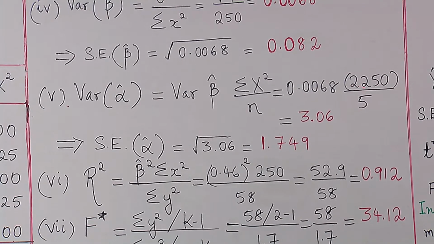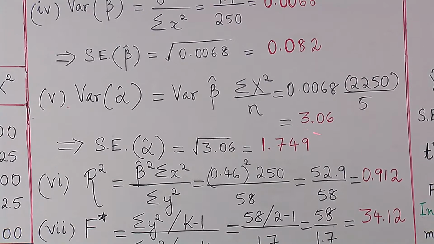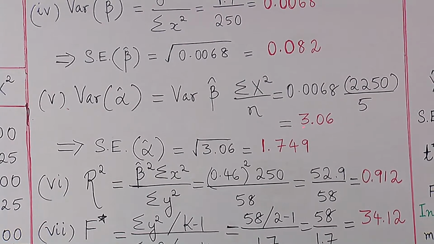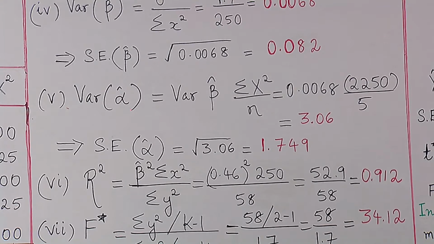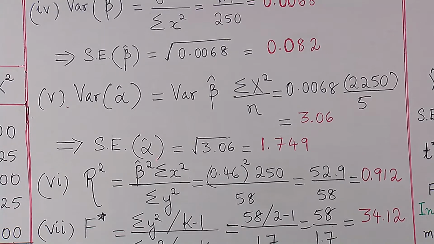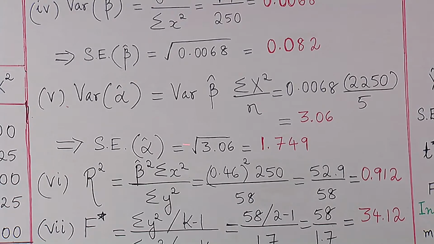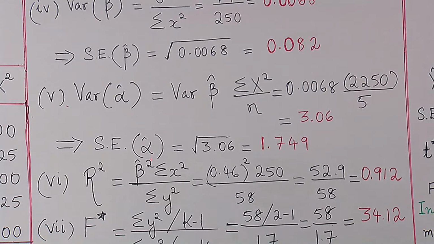So, when you divide and multiply, you get the answer 3.06. So, in this case the variance of alpha hat is 3.06. From variance of alpha hat, we are able to compute standard error of alpha hat, and the computation is root of 3.06. The root of 3.06 gives you the answer 1.749, which is the standard error of alpha hat.